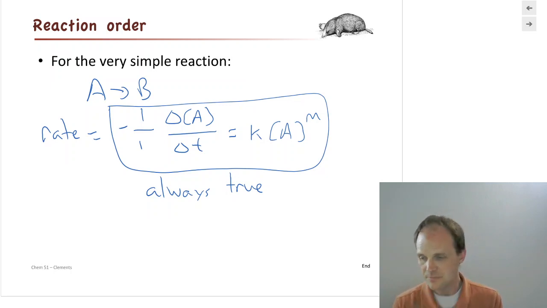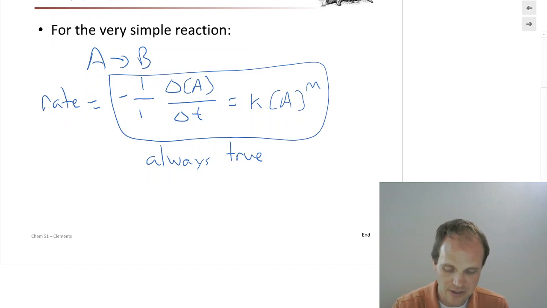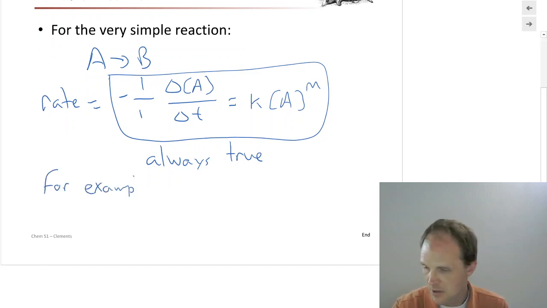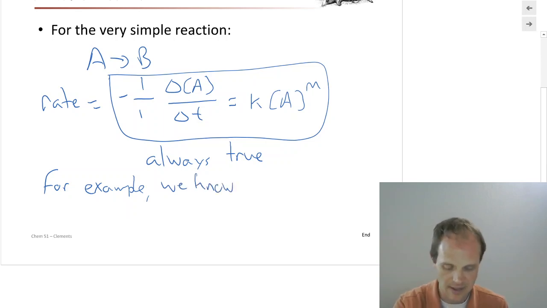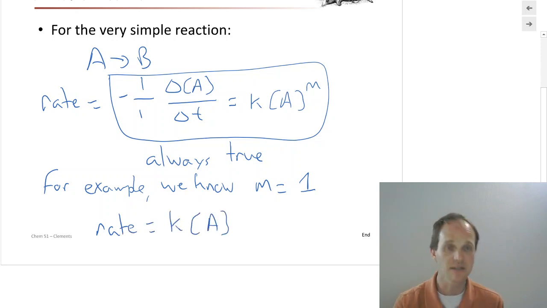Let's say we knew, for example, that m is equal to 1. Just as an example, then the rate is equal to k times the concentration of A to the first power. So we don't have to write the 1 there, but rate equals k times the concentration of A.